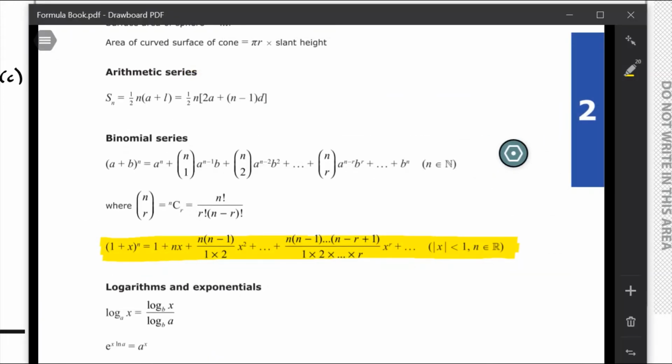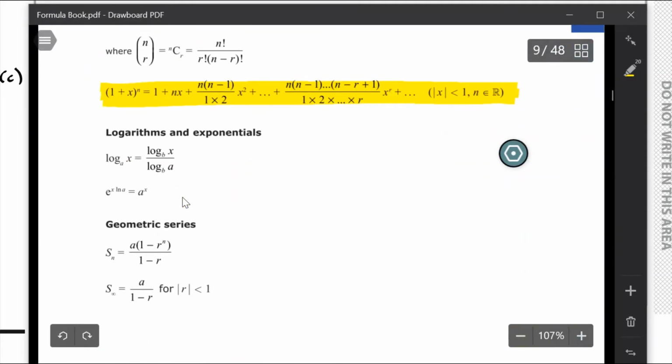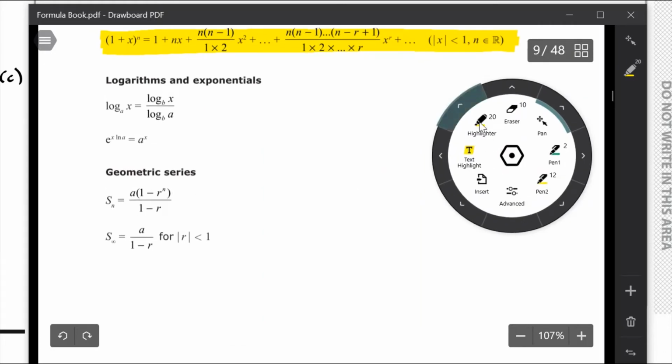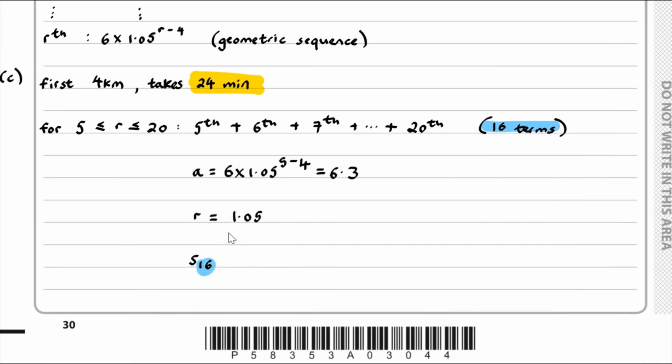So for a geometric sequence, the formula is given here. S16 will equal the first term, 6.3, multiplied by 1 minus 1.05 to the power of 16, divided by 1 minus 1.05.